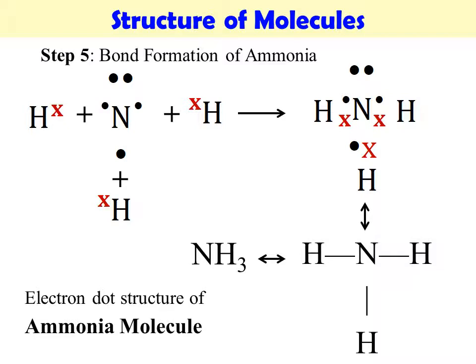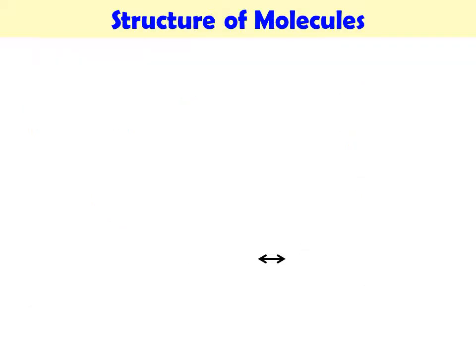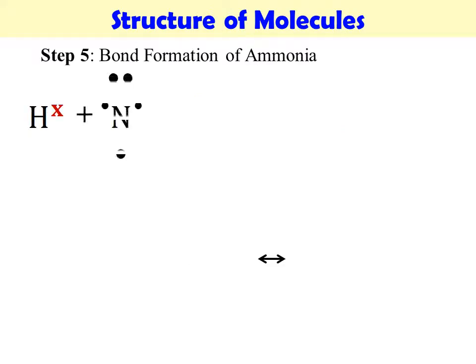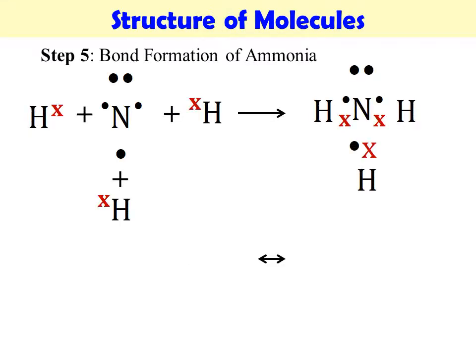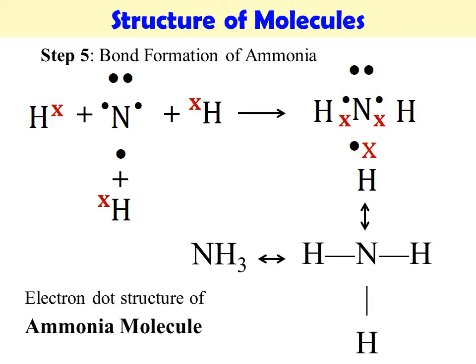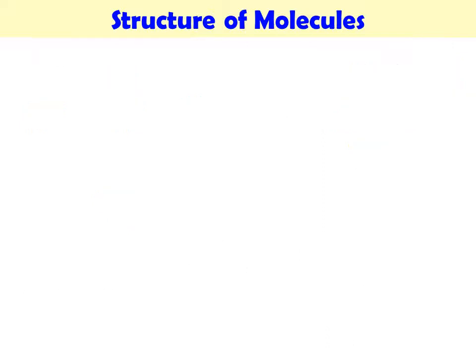Now, as you can figure out, this ammonia molecule also gives another primary piece of information: lone pairs. It has only one lone pair of electrons. Two electrons means one pair, so ammonia has 1 lone pair of electrons.